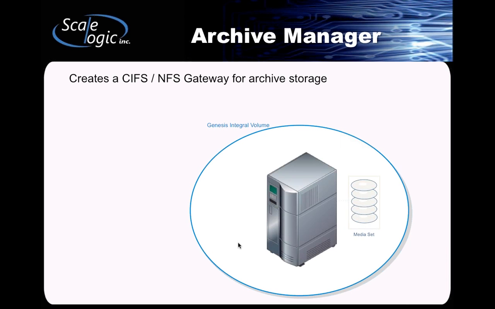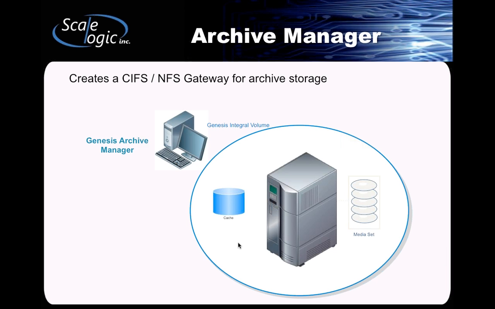And so this simulation here gives you an idea of how we build it. We're going to choose our storage, so our integral volume. We're going to choose what kind of medium we want our archive to be on. We're going to put a cache in place. We talked about all the benefits of why cache is important for streamlining the archive. So we're going to have a cache there.